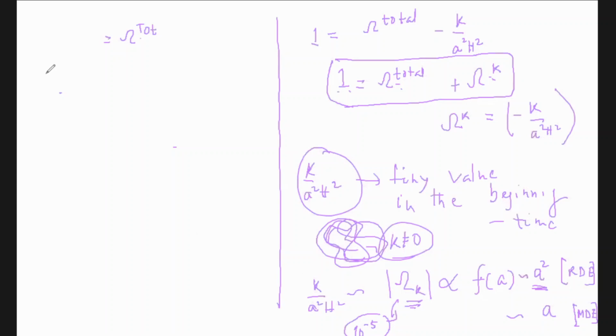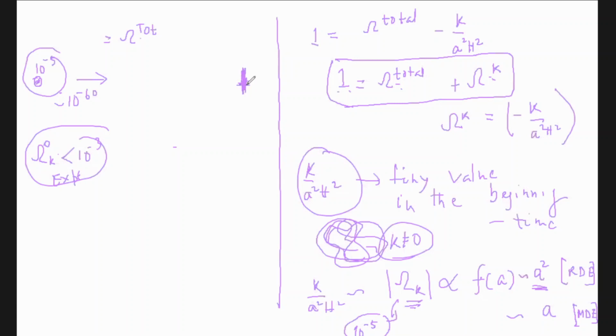That's the thing. So if you start with a very tiny value in the beginning, 10 to the power minus 5 or something, because today we know that omega k is less than 10 to the power minus 3. That much we know from CMB experiment. So let's say it's a very small value at early time. But then the problem is, we know that the scale factor was 10 to the power minus 60 at the beginning of universe, and at the end of radiation domination, matter radiation equality, the scale factor is, as you just told, 10 to the power minus 4.